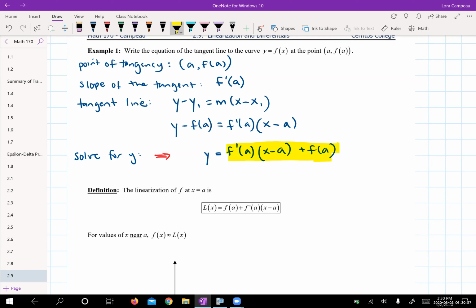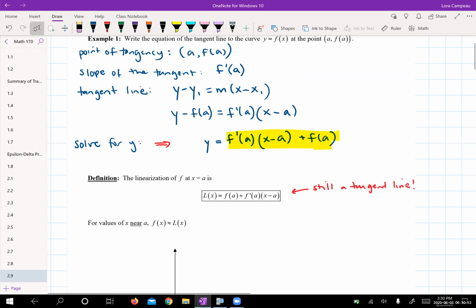This time they put the f of a first. Sometimes that causes less confusion if we're doing the computations. So I still want to point out there's nothing different. We're still dealing with a tangent line. Try not to get too tied up in memorizing formulas. You can derive it just by knowing the concepts we've already been working on.